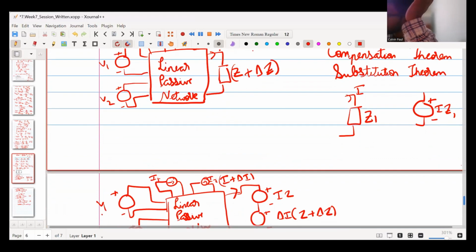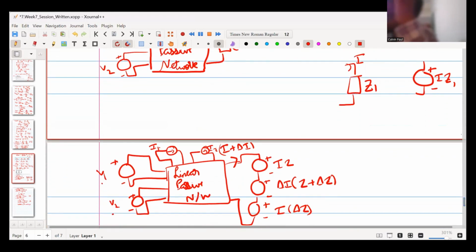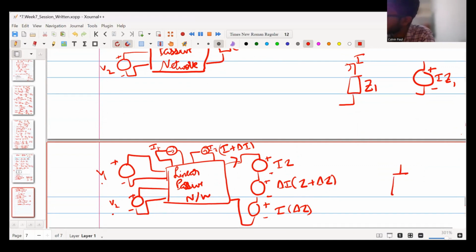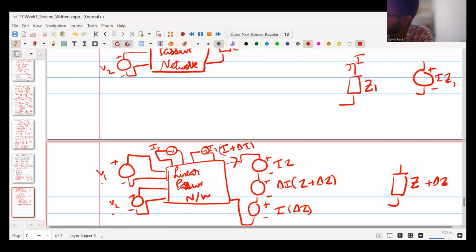And the voltage over here is plus minus IZ, plus minus delta I into Z plus delta Z. This is equivalent to your Z plus delta Z into your delta I, which is flowing, and this is plus minus I into delta Z. Is this clear? So this is your circuit C.